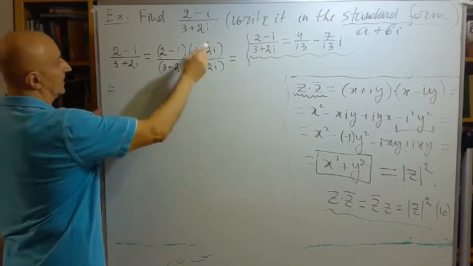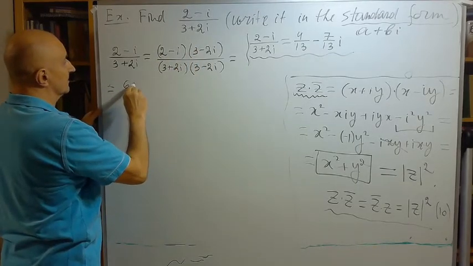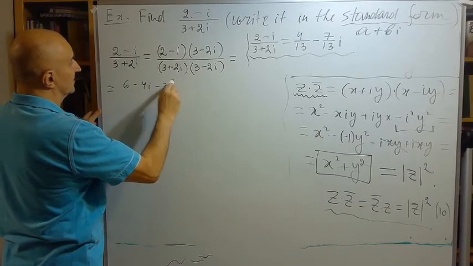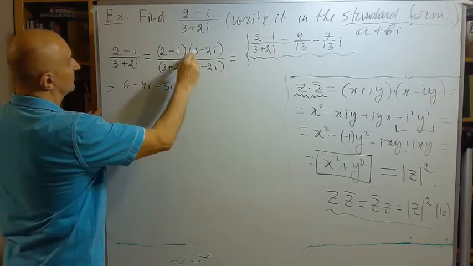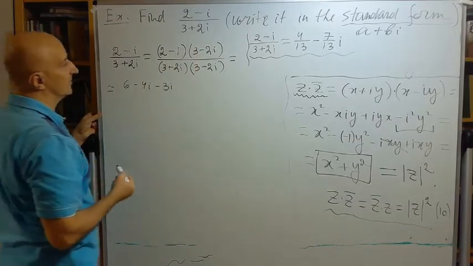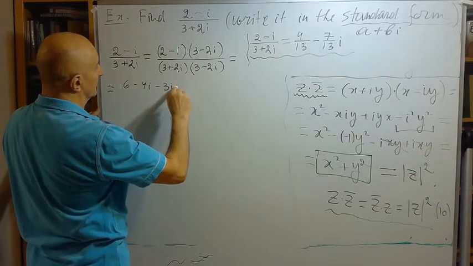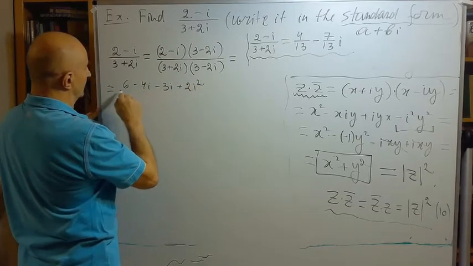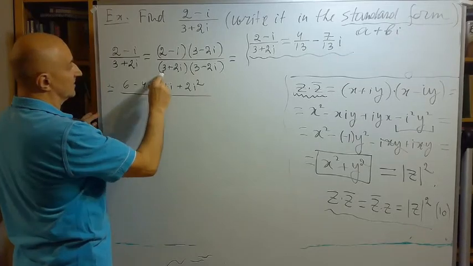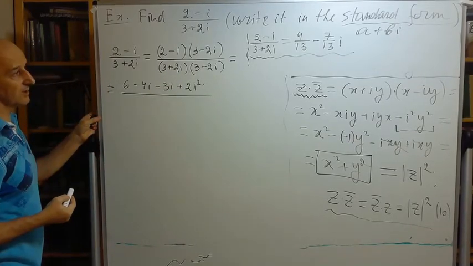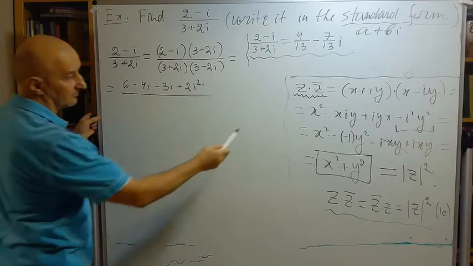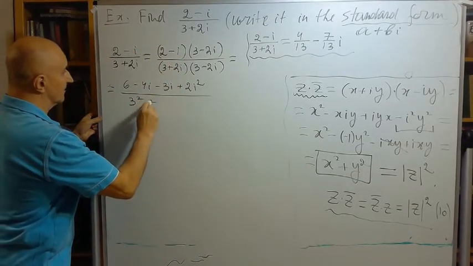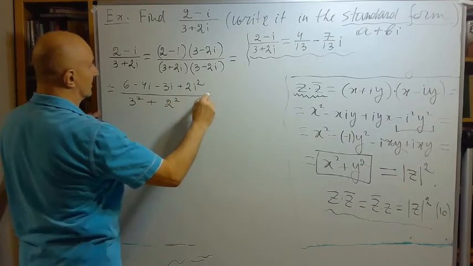So it will be multiplied through 6 minus 4I minus 3I and minus I multiplied by 2, so it will be plus 2I squared, divided by... What will be here? You can multiply through honestly, or you can just remember this result. So it will be 3 squared plus 2 squared.